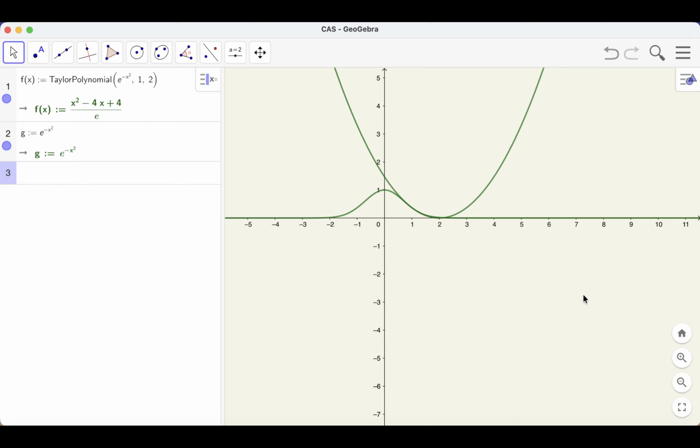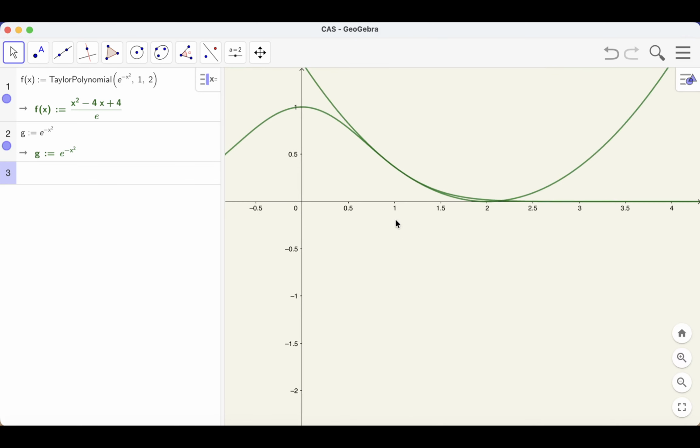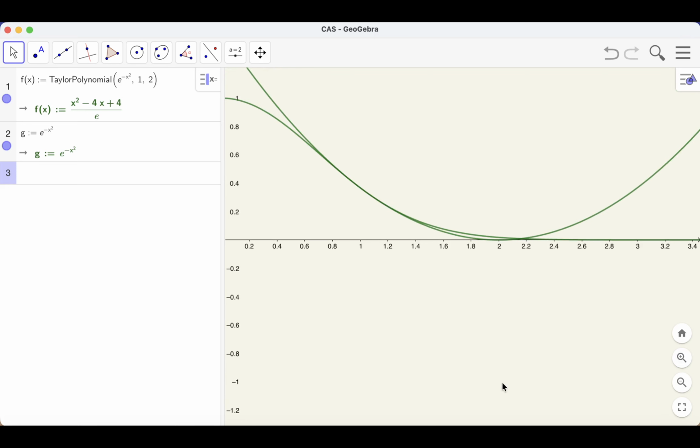Okay, but immediately you see that when I get close to number 1, our eyes cannot even detect that we have two graphs, because both of them are drawn in green. So you see that when I am in the vicinity of 1, there is no deviation.